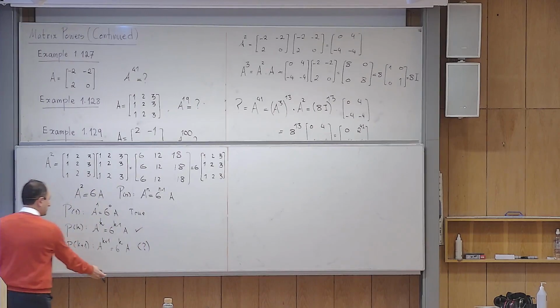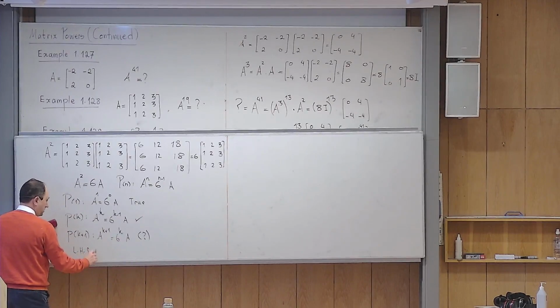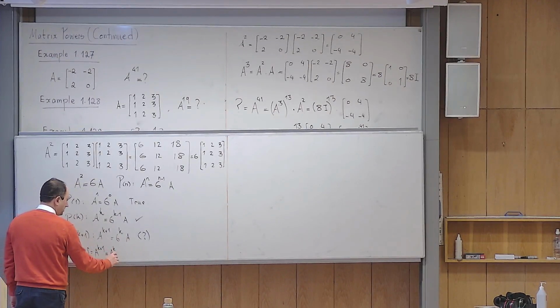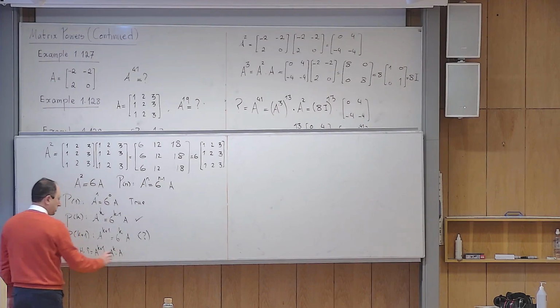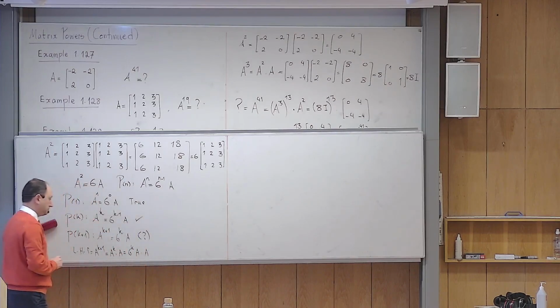So this is also very simple. I start from the left-hand side, which is a to power k plus 1, and this becomes a to power k times a. Yes? a to power k is 6 to power k minus 1 times a, and then you multiply it by another a.